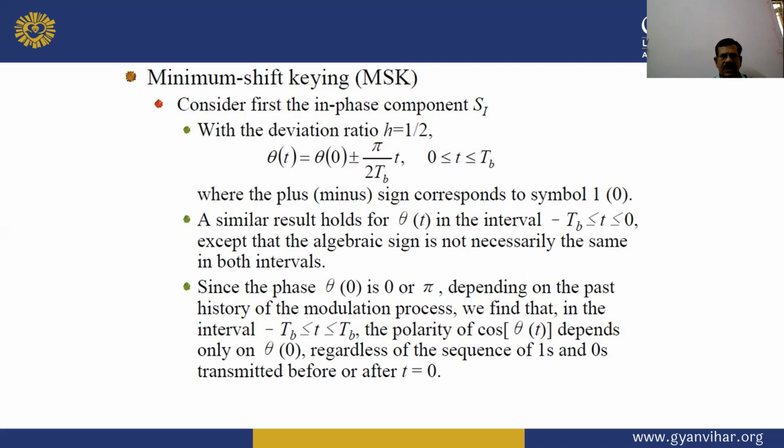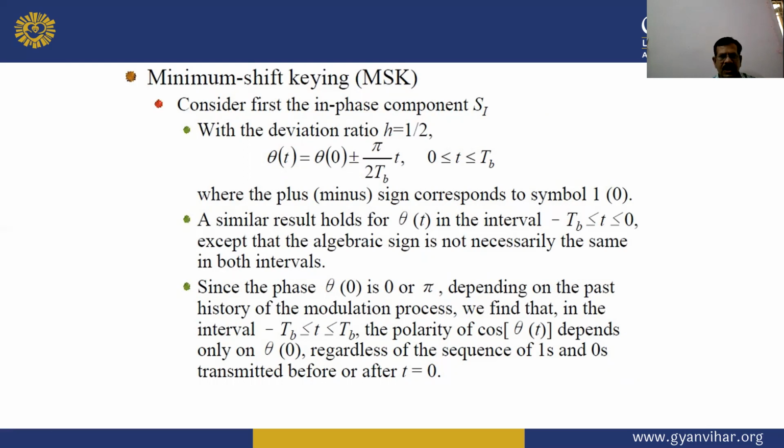Consider first the in-phase component sI with the deviation ratio h equal to 1/2. So θ(t) equals θ(0) plus or minus πt/2Tb, where t is greater than or equal to 0 and less than or equal to Tb, where the plus and minus signs correspond to symbols 1 and 0.